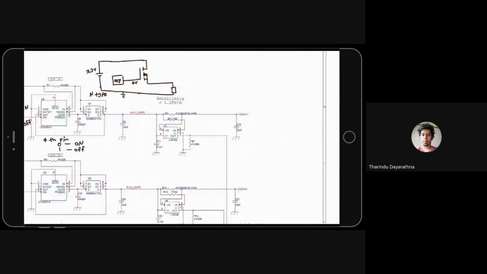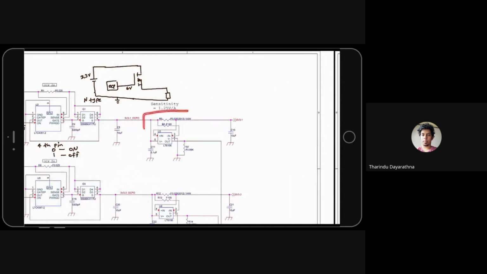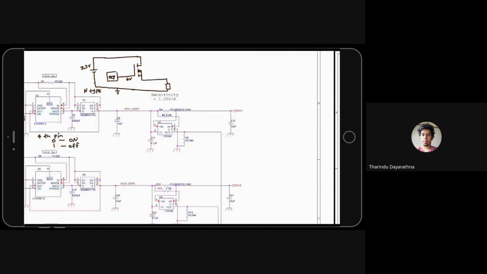Then we go to the current measurement circuit. Similar to the previous one, there is another shunt resistor. Whatever current comes goes in this path. You have to remember there's no current going to this path; it goes like this. So let's see how this current measurement circuit works.